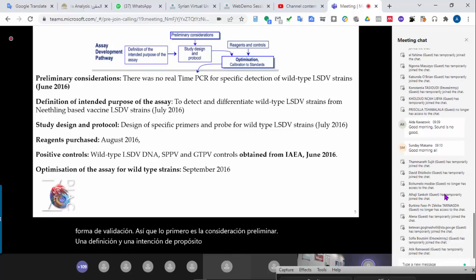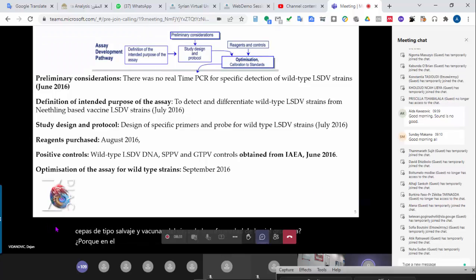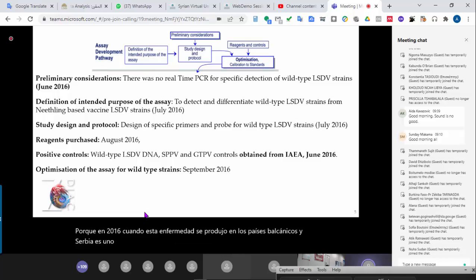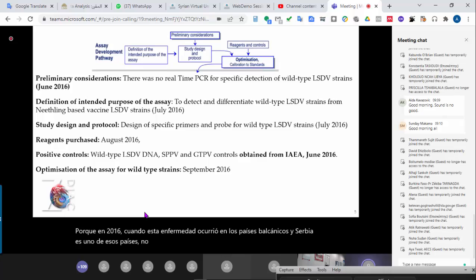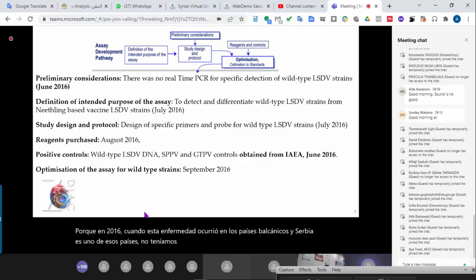So why did we decide to design a new real-time PCR assay for detection of wild-type and vaccine strains of lumpy skin disease virus? Because in 2016, when this disease occurred in the Balkan countries, and Serbia is one of those countries, we did not have any real-time PCR assay for differentiation of wild-type and vaccine strains.